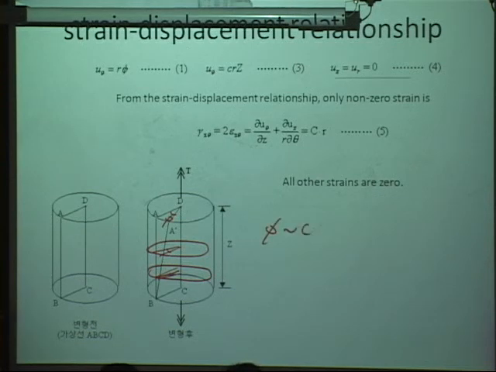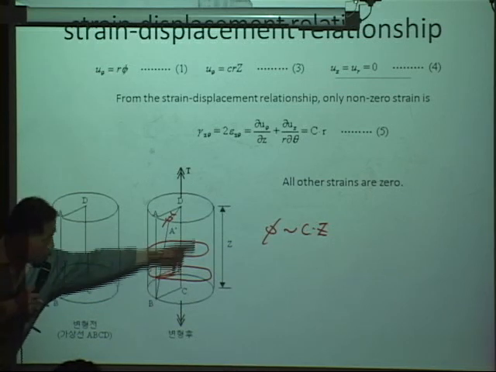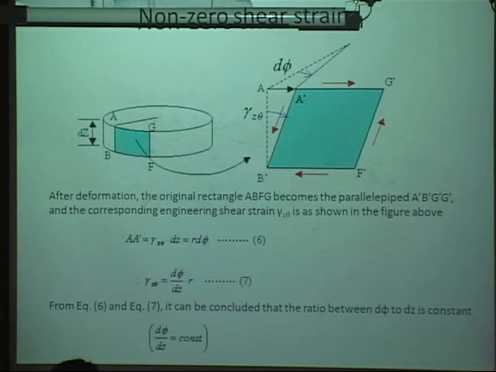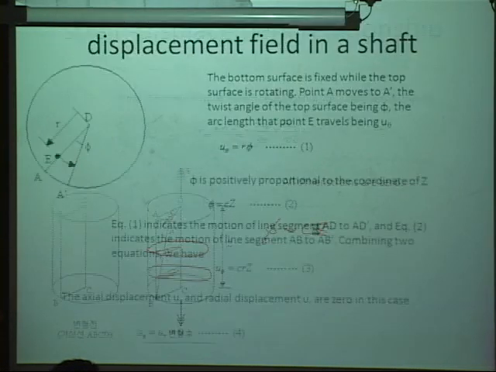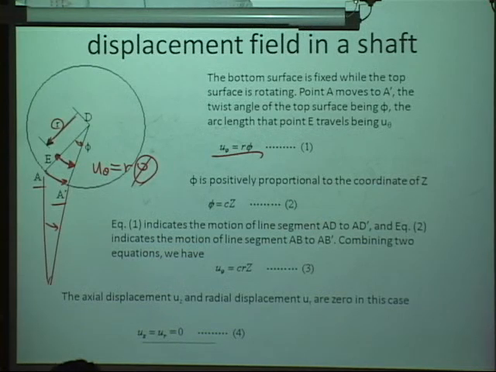So phi gradually increases, proportional to axial length. At the bottom, if z equals 0, there is no rotational angle, and phi is certainly proportional to this z. So r times phi is the hoop theta directional displacement, and phi is certainly proportional to z.